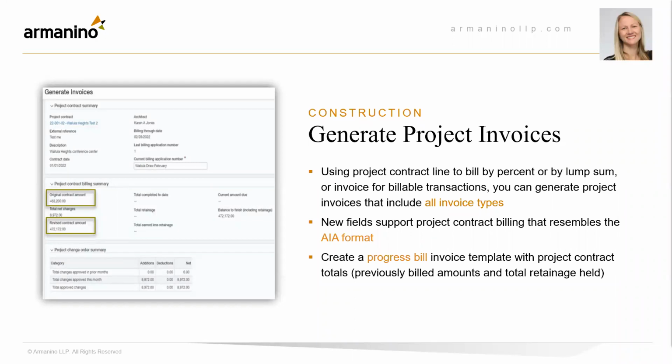Previously, it would only have been billed amounts and total retainage held. You'll see the image on the left side where we have our original contract amount. This is on the generate invoice screen. And you will also see now the revised contract amount. So you'll be able to capture that in this module. So pretty awesome.